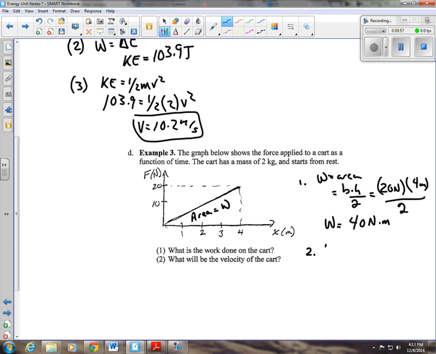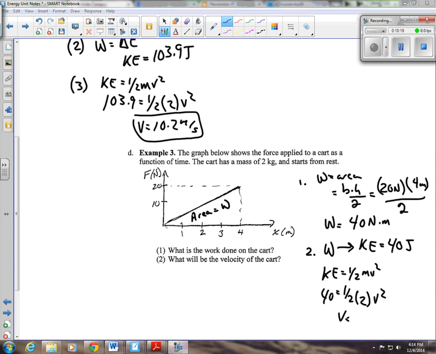So the work becomes kinetic energy, which is 40 joules. And then I can find the velocity. KE is 1/2 m v squared, so 40 equals 1/2, mass was 2, times v squared, and then v is going to be 6.32 meters per second.